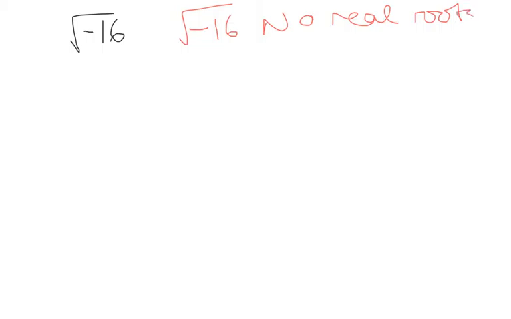Before we continue, we look at what's inside the square root, -16. You wouldn't have been able to carry on from this point because -16 inside the square root has no real solutions.